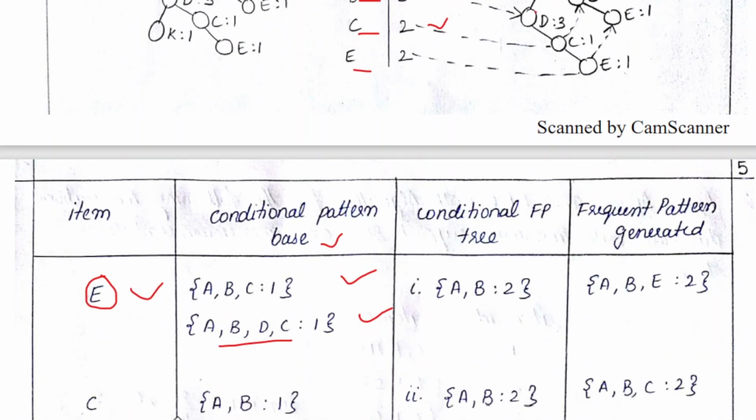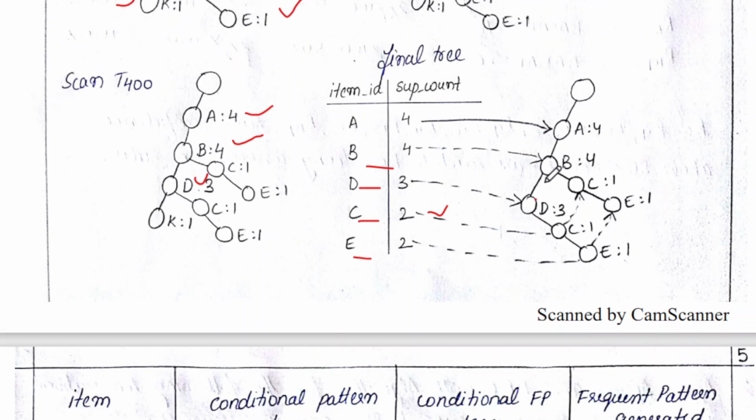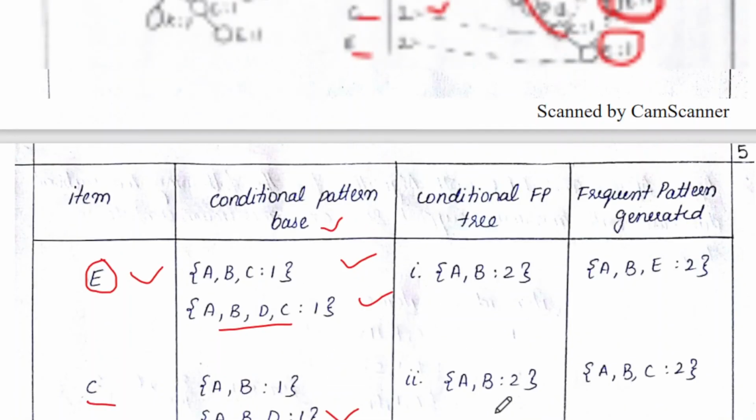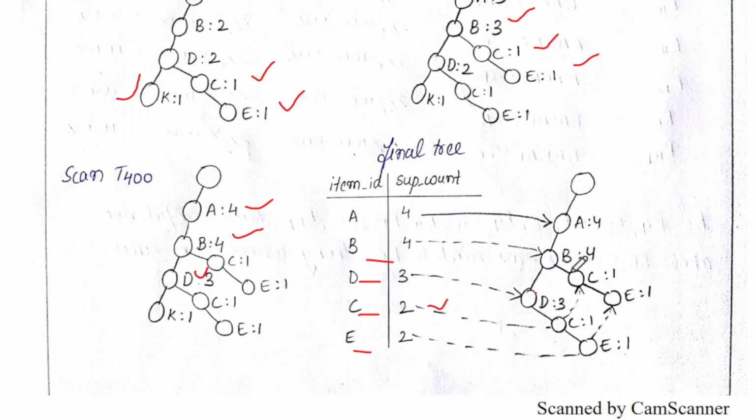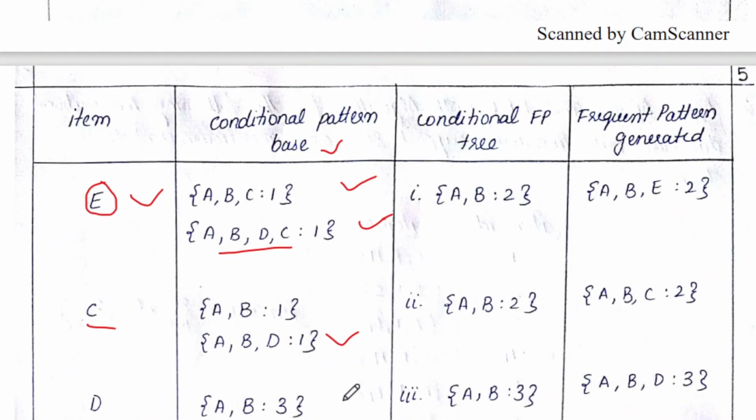Now let us see for the node C. How many paths are there for C? AB is one path, and ABD is another path. We have written the two paths for C. Next for D, how many paths are there? A, B is the one path, so we write only one path here.